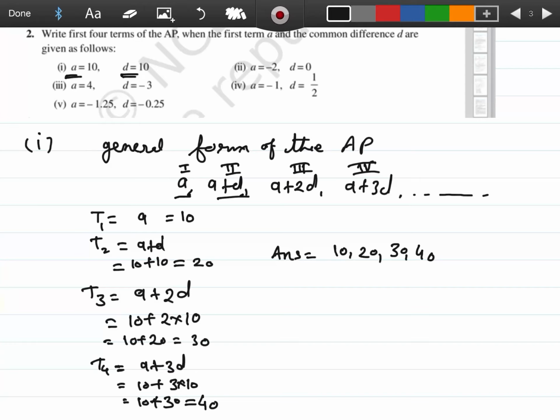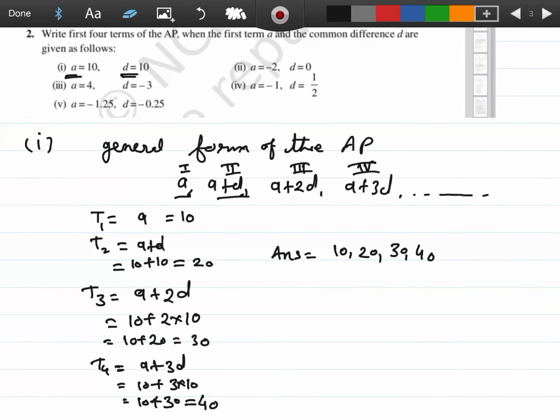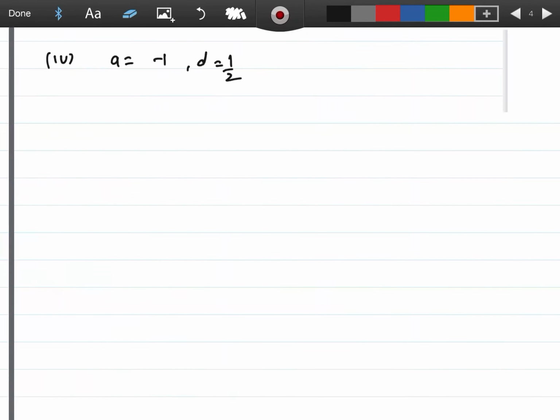Let us see the fourth problem. A is equal to -1, D is equal to half. Let us confirm the problem. A is equal to -1, D is equal to half.